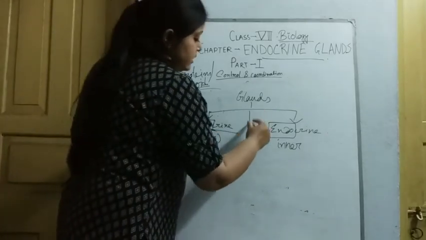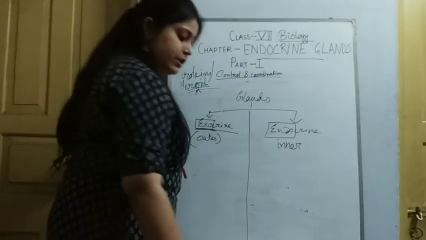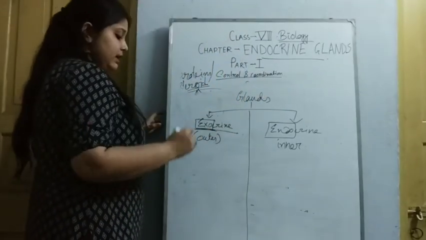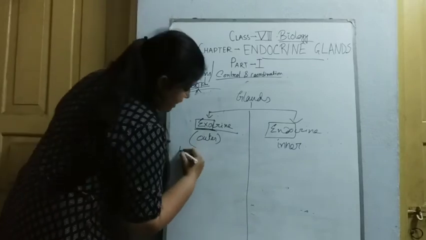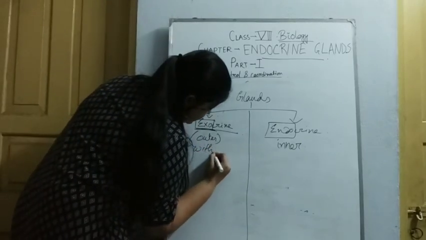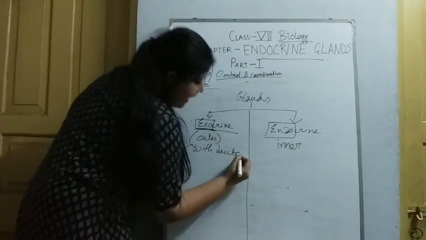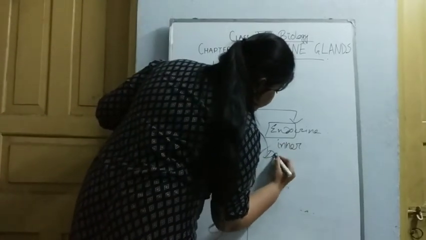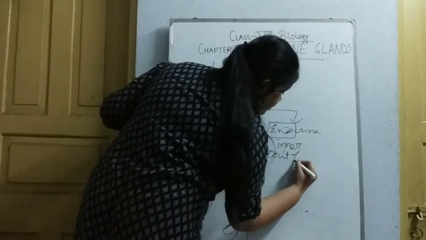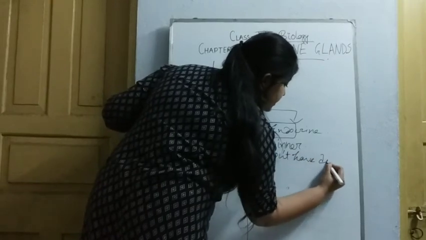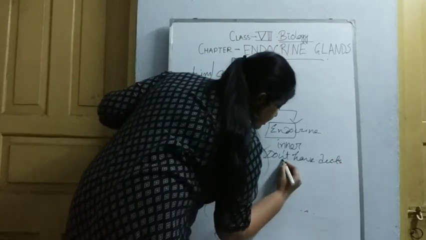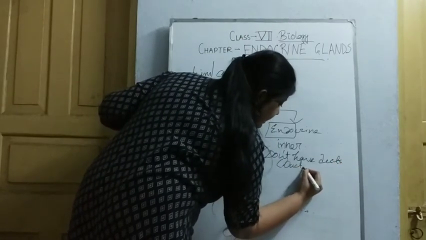So what are the differences between these exocrine and endocrine glands? Mainly, the exocrine glands have ducts, and endocrine glands don't have ducts, so they are ductless.